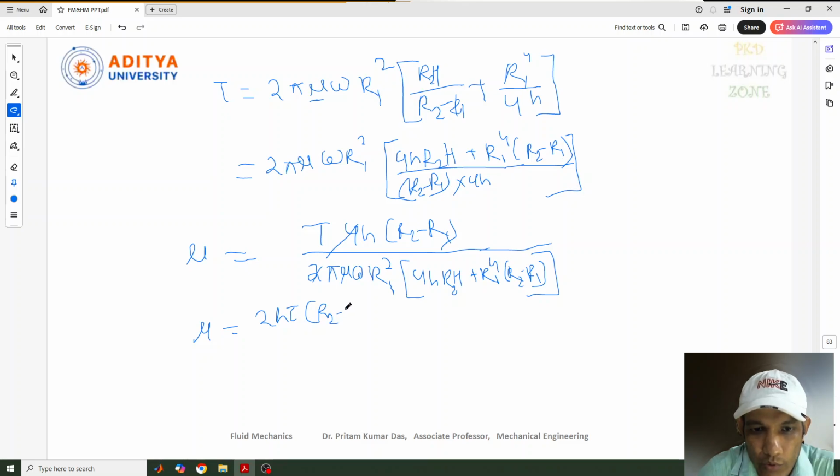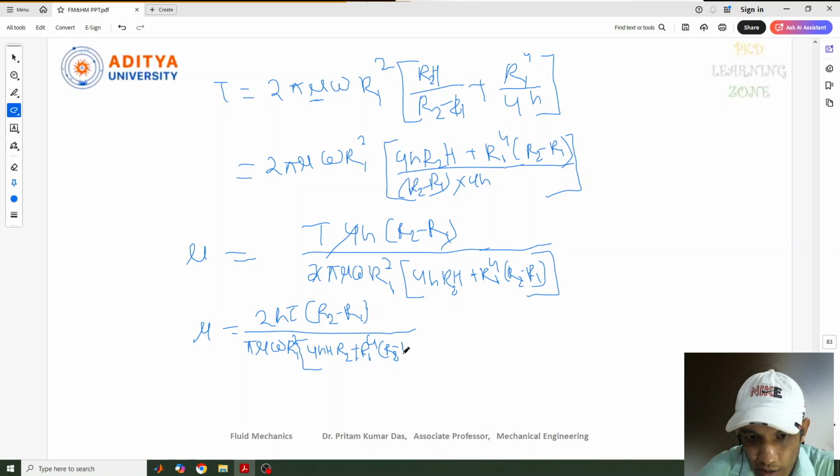Times R2 minus R1 bracket close, and in the denominator pi mu omega R1 square, and again bracket start, 4H R2H plus R1 to the power 4, bracket start, R2 minus R1 bracket close.